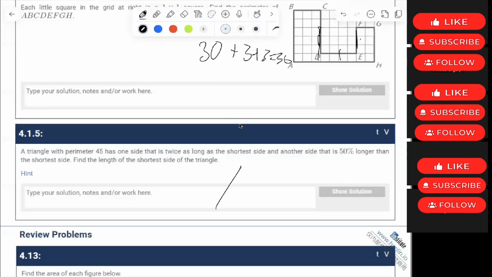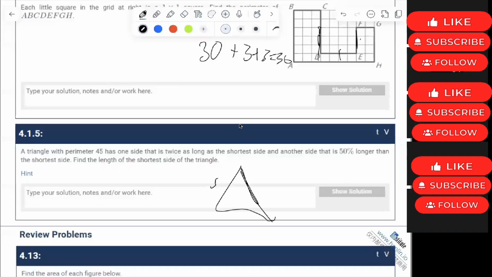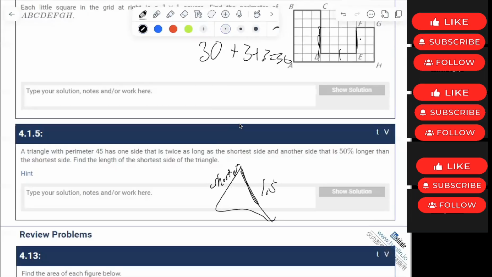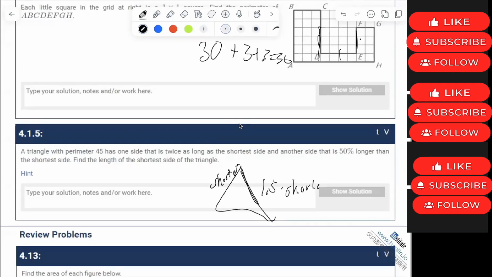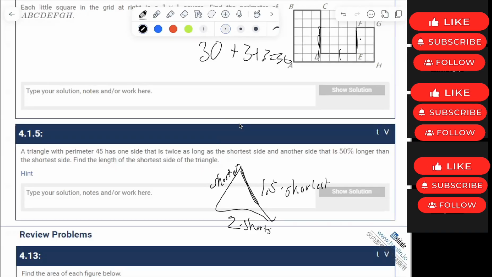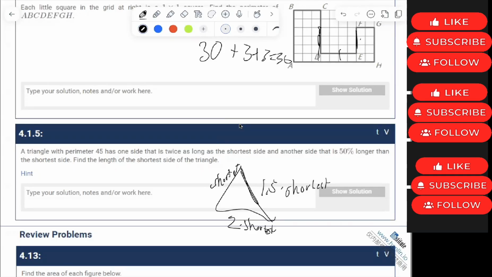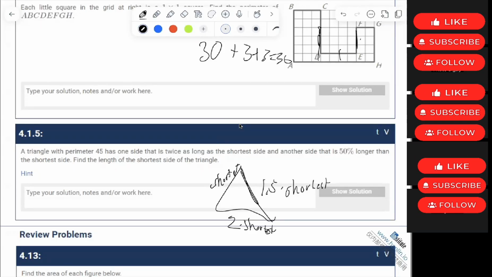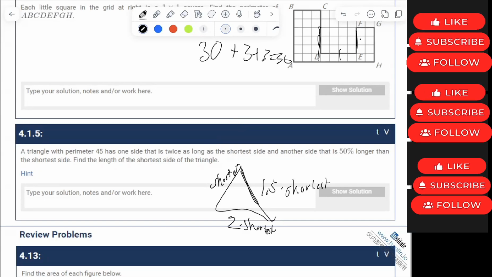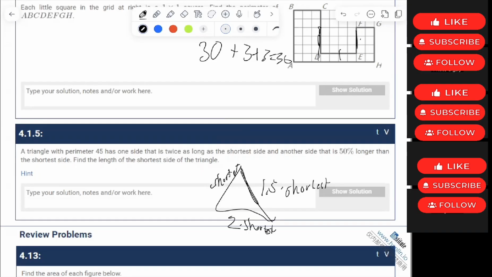Say we have this random shortest side. Let's say this is shortest. This is going to be 1.5 times the shortest. It's 2 times the shortest. Now we add them all up in terms of the shortest.